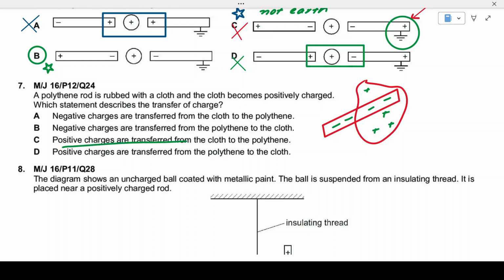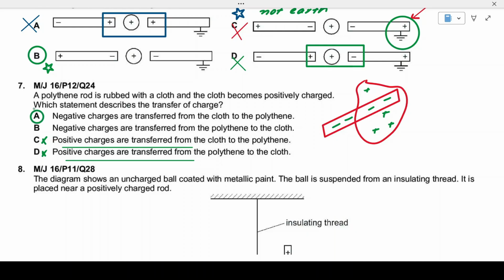Positive charges are transferred? No. We never discuss the movement or the transfer or the motion of the positive charges. So that leaves us with the very first option.